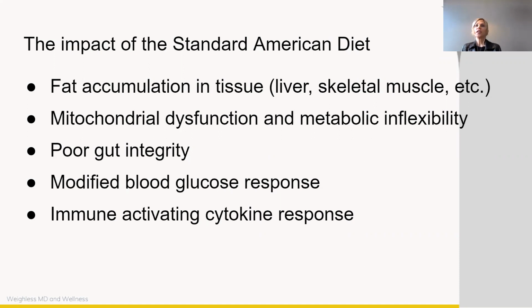The standard American diet causes mitochondrial dysfunction and metabolic inflexibility. It is literally killing our cells, causing more oxidative stress in the body, inflammation, etc. It's killing off all of our healthy bacteria in our gut. So now everybody is walking around with some type of gut issue, literally everybody.